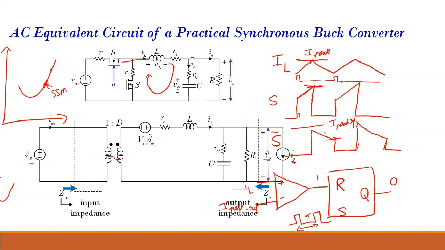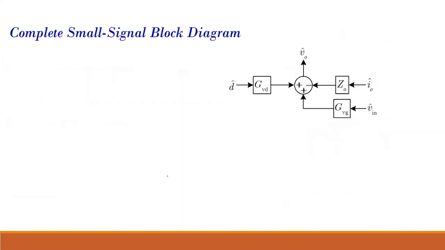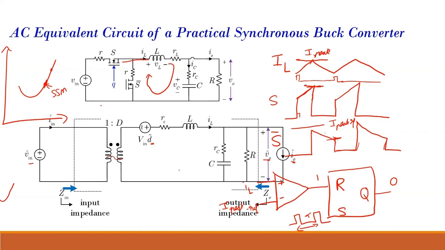So if you see, this actual buck converter, DC-DC converter, is converted into a linear model. There are certain steps and procedures, and this AC equivalent model is used for further analysis. Sir, why is it mentioned as an AC equivalent circuit?